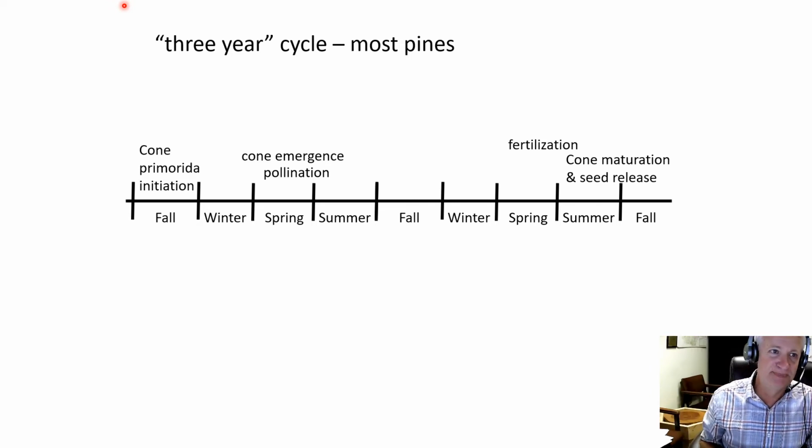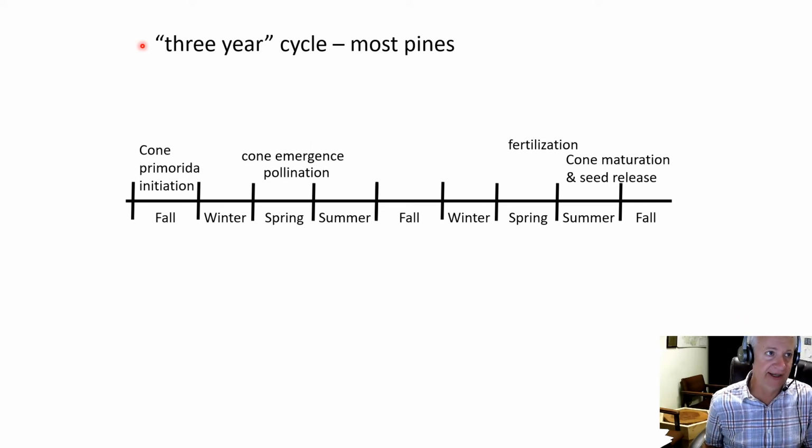So this process, which is called a 3-year cycle in most of the textbooks, is really basically a 24-month, a 2-year cycle. So at any rate, again, I'll fix that when I write my textbook. So what that means is in pines, that process basically occurs over a 2-year, 24-month period.